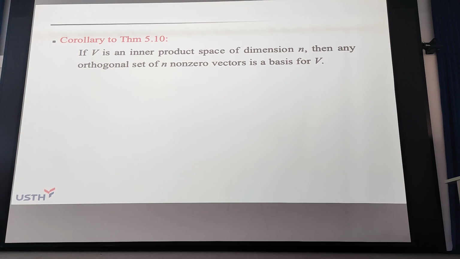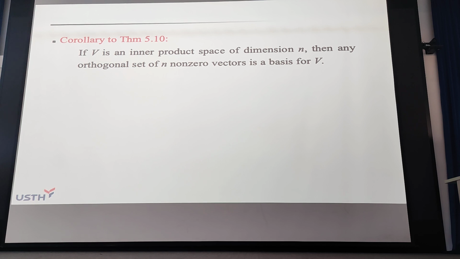Suppose that we know already that V has dimension n, and V is an inner product space. Then suppose that you are given a system S of n orthogonal vectors. If we verify that none of the vectors inside S is 0, then S must be linearly independent.